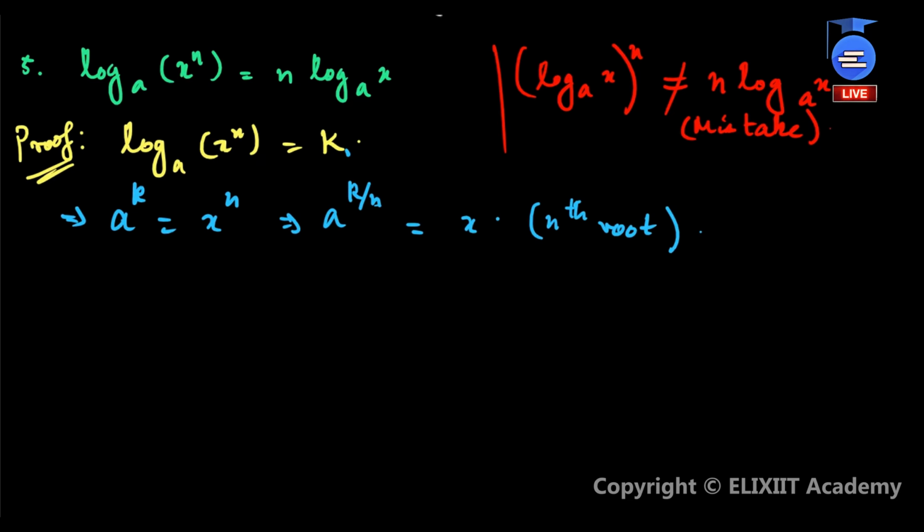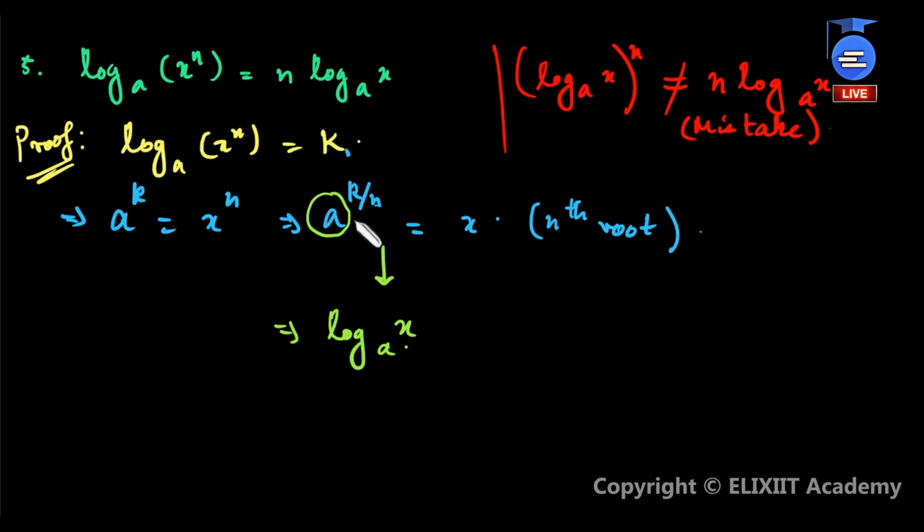So we have a to the power k by n is equal to x. Again, convert this to log. This is anti-log. Convert this to log. So what do we have? Log x base a, because this is your base.